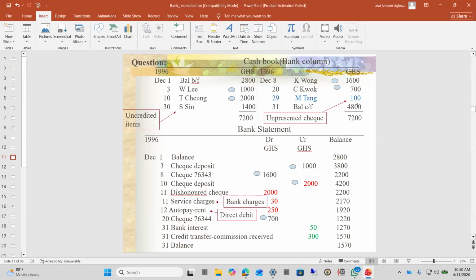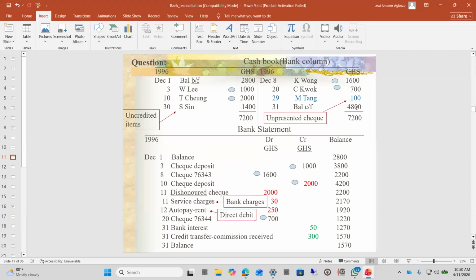Is that not it? The person who asked the question, are you following? Yeah, I'm following, sir. You have already deducted the 100 from your cash book balance before you got the 48 closing balance. But the person did not present the check to the bank.